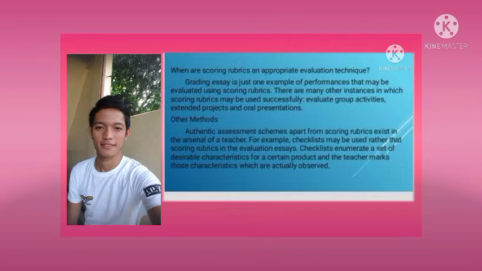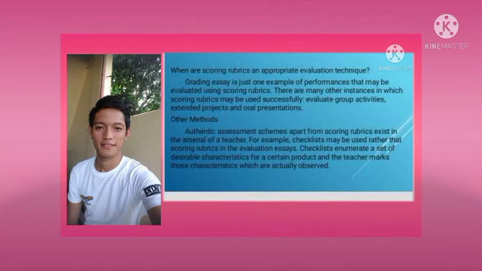Scoring rubrics are typically employed when a judgment of quality is required and may be used to evaluate a broad range of subjects and activities. One common use of scoring rubrics is to guide the evaluation of writing samples. Other methods of authentic assessment exist apart from scoring rubrics in the arsenal of a teacher.